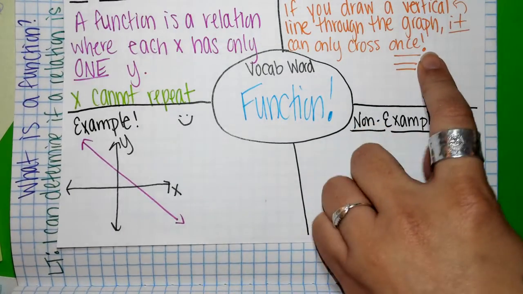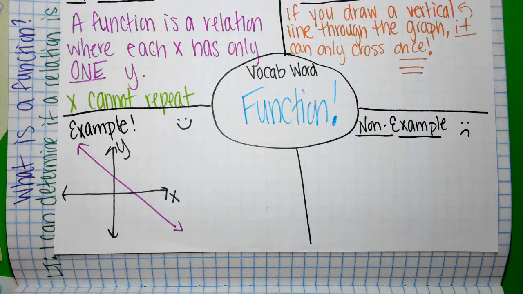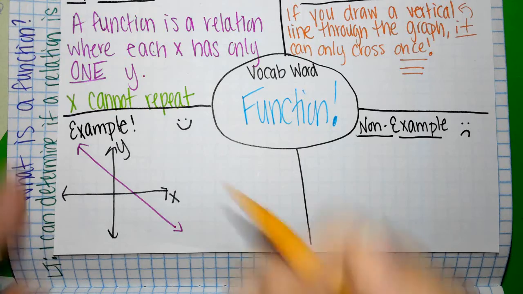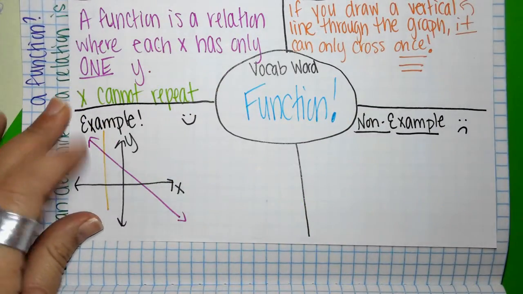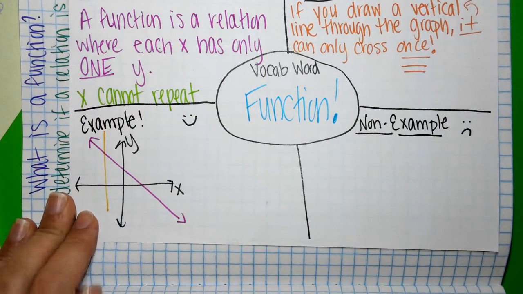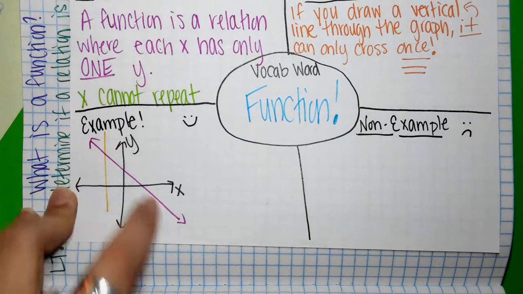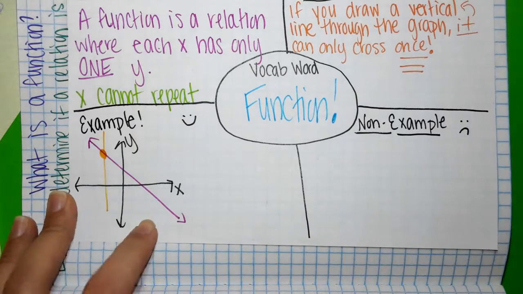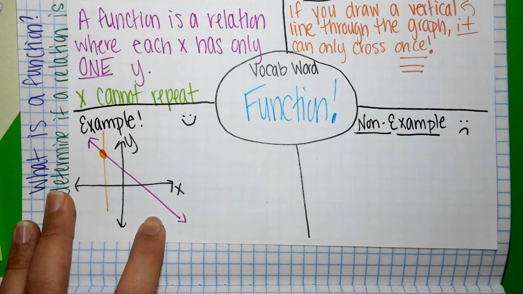So now take your third marker. And we're going to draw a vertical line through this graph. Now, I'm going to draw mine here. How many times did I hit the pink line? Awesome. Do we agree or disagree?